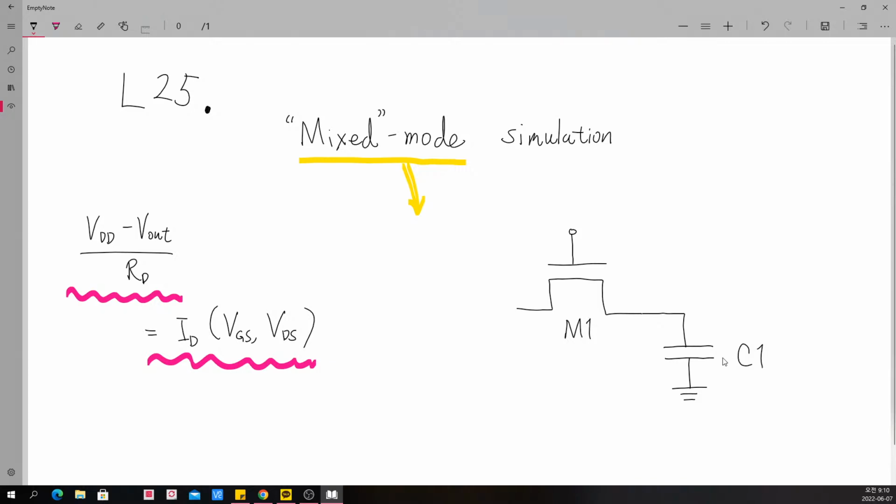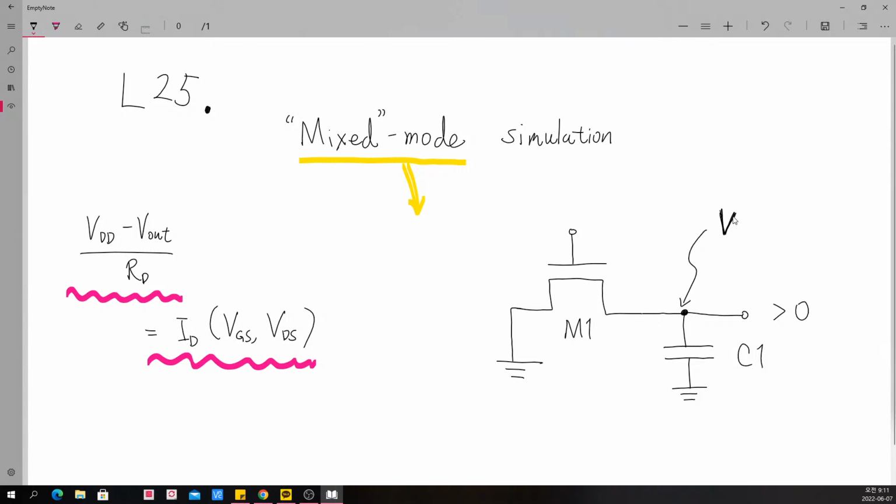Initially, at time equal to 0, let's say the initial potential of this node is non-zero, a certain positive value. After that, we connect it to the ground, and what we want to know is what happens to the voltage of this node.